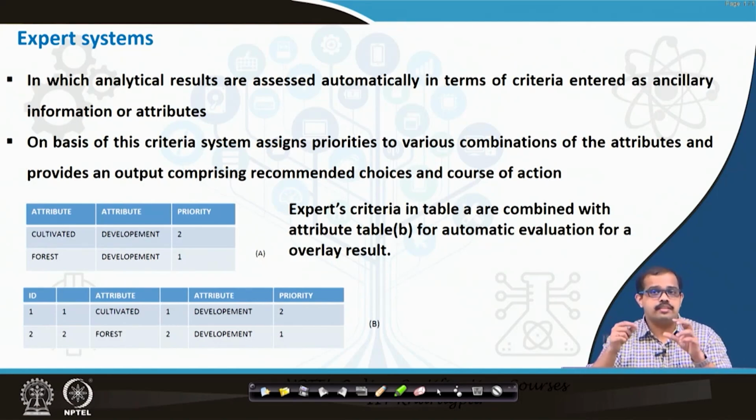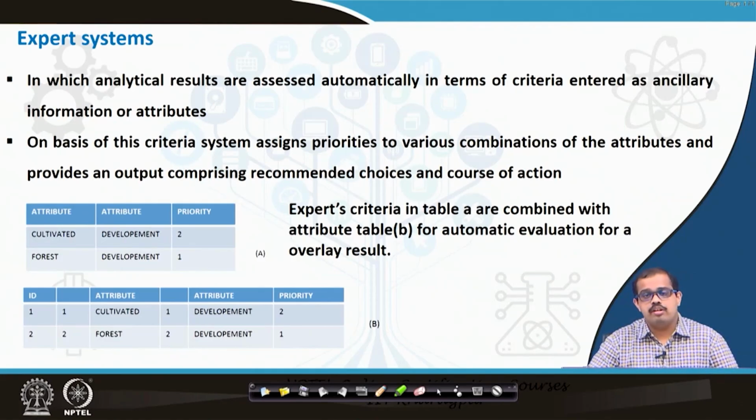For example, when I say expert system, these are values that may come from expert surveys or expert opinions that you take in and create your own table listing, where you compare across variables. Once you compare across variables, you start defining weights, and once you have defined the weights, it automatically evaluates to give you a particular value.